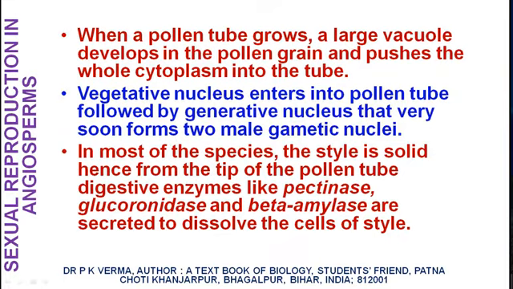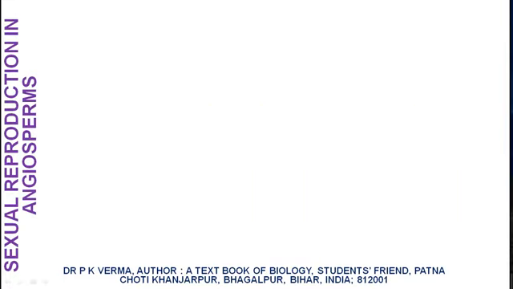These enzymes digest the parenchyma cells present in the style, and in most cases, due to these parenchyma cells, the style is solid. So when the parenchyma dissolves, free passage is made for the growth of the pollen tube.